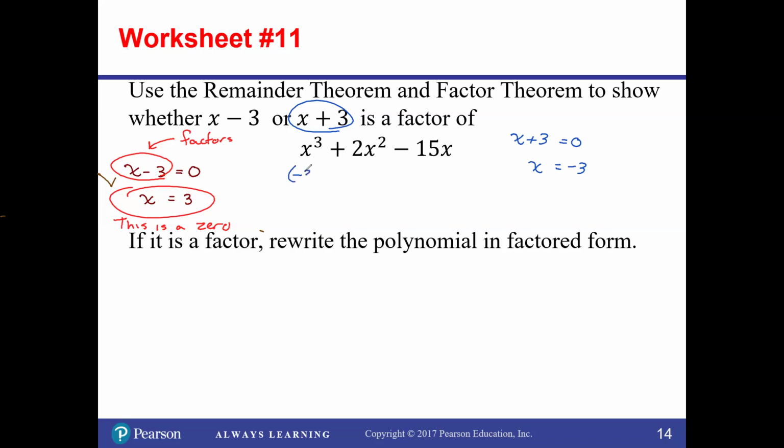So I have negative 3 cubed plus 2 times negative 3 squared minus 15 times negative 3. This is negative 27 plus 2 times 9, because that will be positive. These will give me a positive 45. So I'm going to have negative 27 plus 18 plus 45.